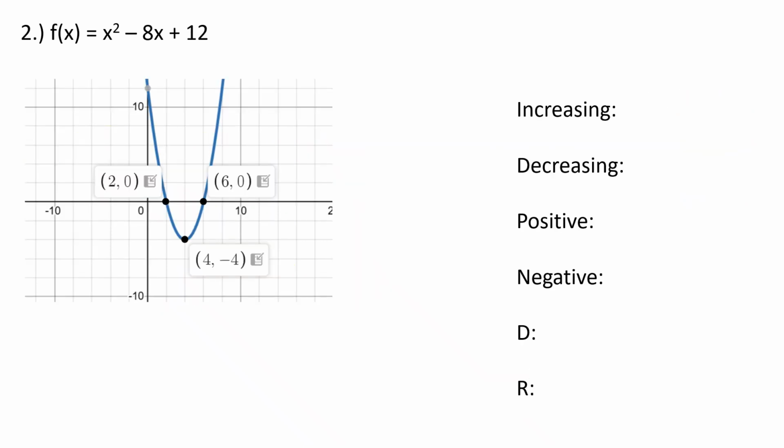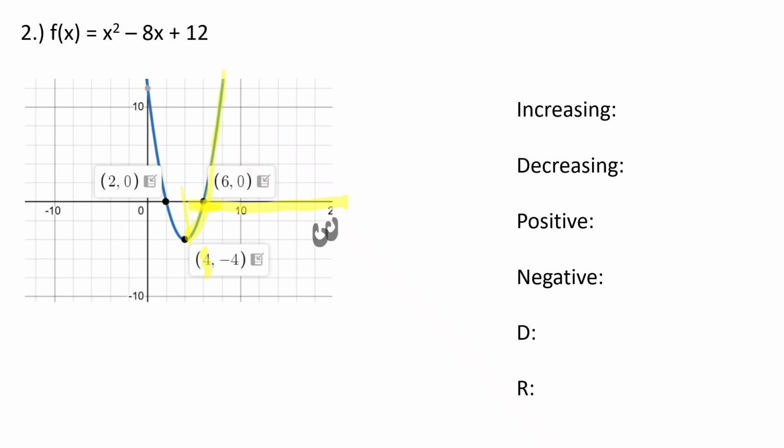All right, next one. So for this one, increasing. Using my highlighter here, increasing means it's going up from left to right. As I trace along there, it looks like 4 is our spot where it starts increasing at x equal to 4, and it goes all the way out to infinity.